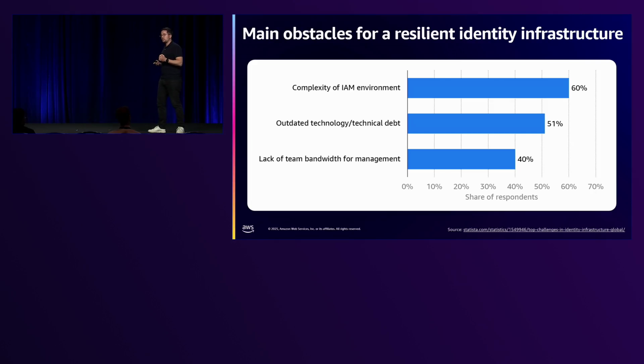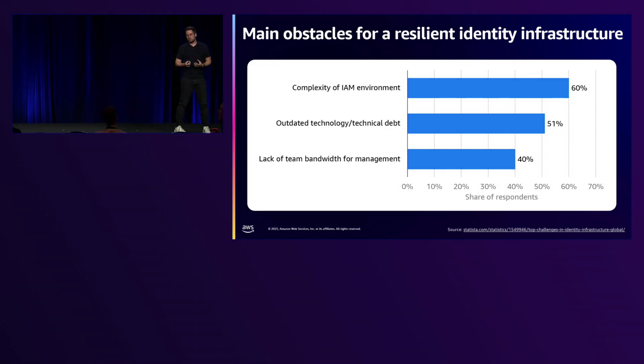Also, outdated technology and technological debt that they acquired is something that they are struggling with. And over half of the respondents said that this is something that they care about. And there was also a lack of bandwidth in their team in order to manage those systems.